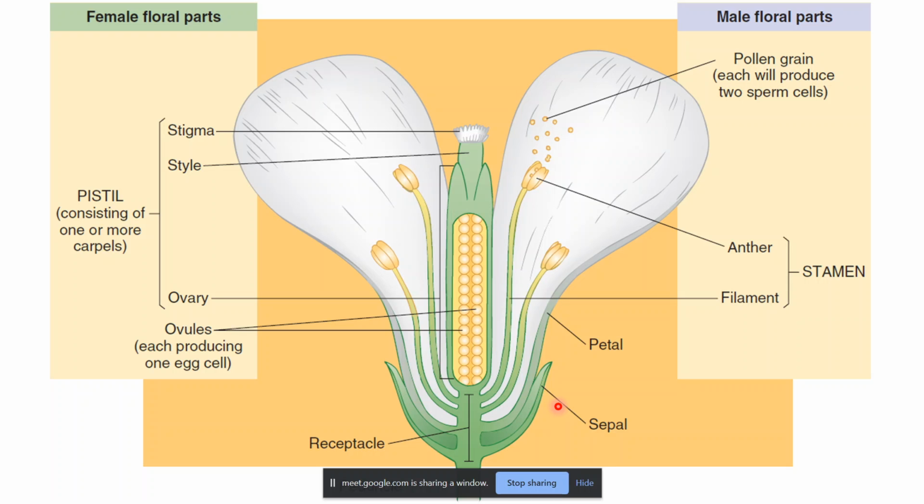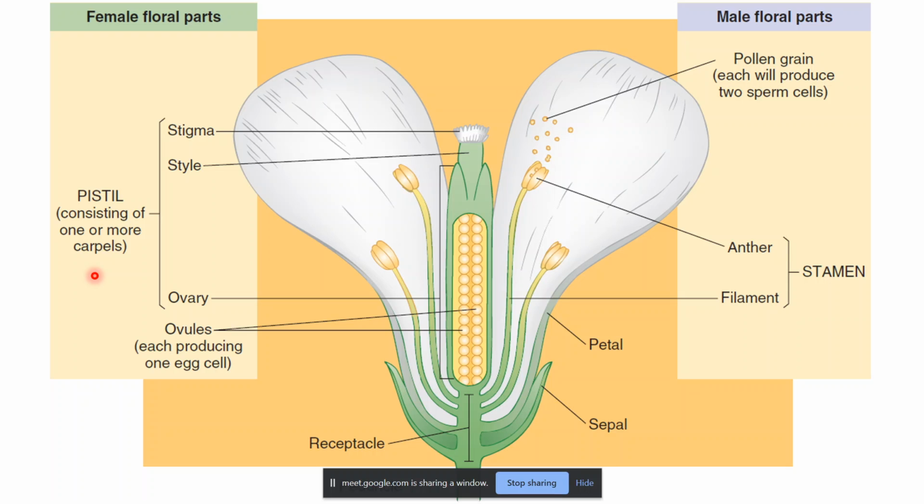So the carpels can be normal or composite. When there are several carpels in one flower, they are usually fused like this one, and they are called pistil.